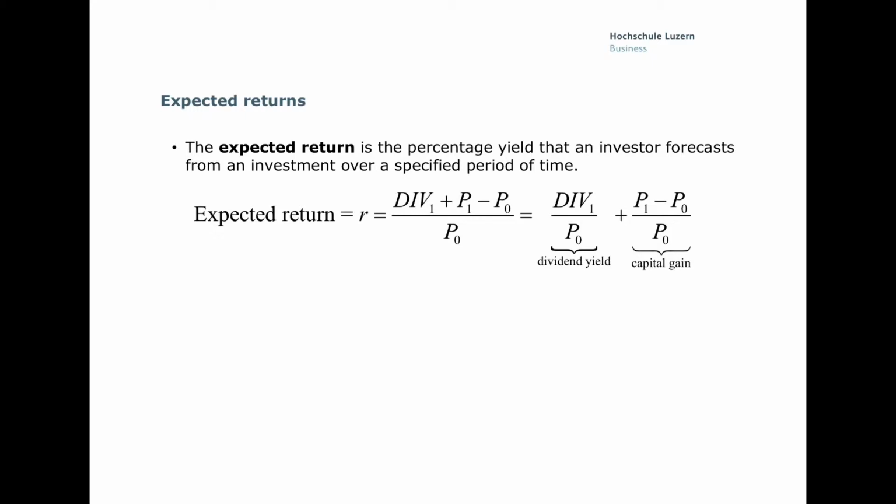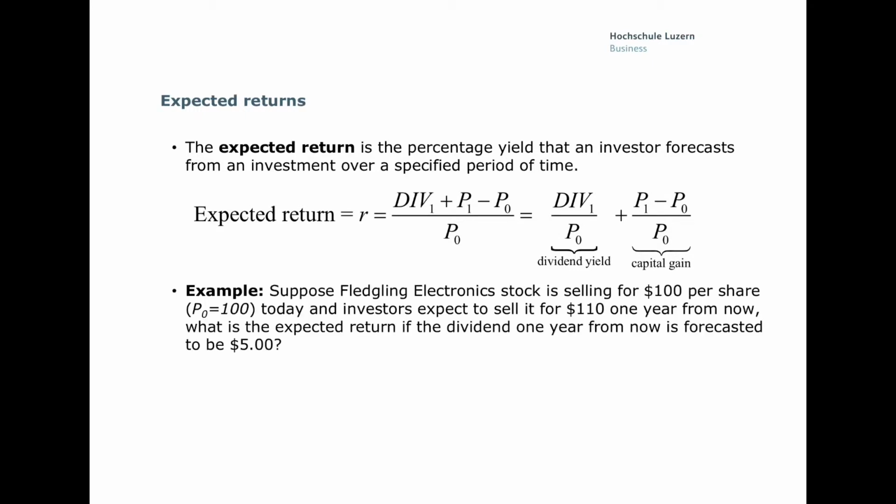The rate of return that investors expect from this stock over the next year is defined as the expected dividend per share plus the expected price appreciation per share, P1 minus P0, divided by the price at the start of the year, P0. Let's illustrate the concept of expected return further by means of an example.